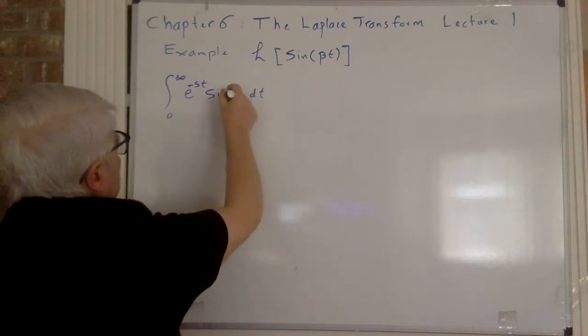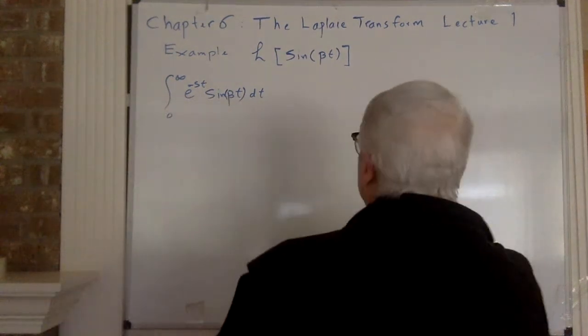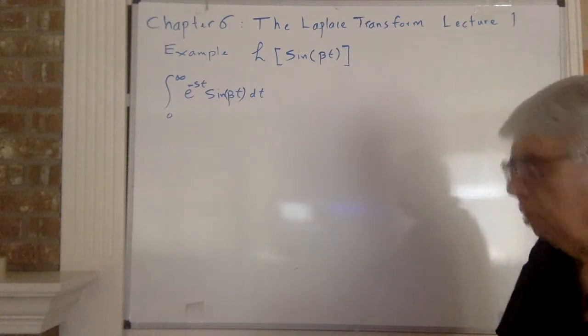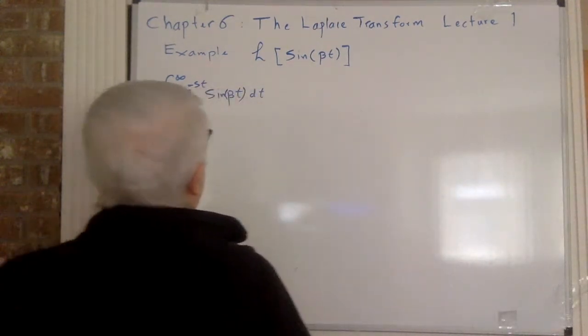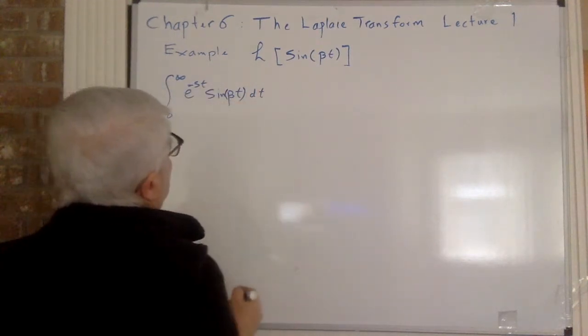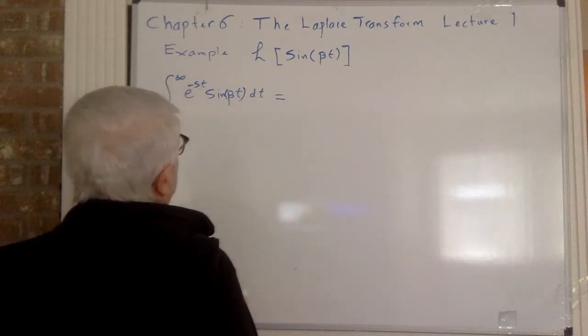Well, if you recall from Calc 2, this is not a simple integral. In fact, that is a complicated integral to find. But well, let's try. I have to use integration by parts.